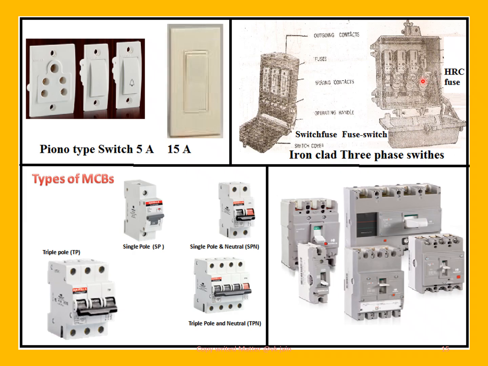So we have turned to MCBs. MCB means miniature circuit breakers. A circuit breaker by definition is a switch which gets off or disconnected, which makes the circuit disconnected when there is a short circuit or overload. Overload is defined as any load in excess of 25%.